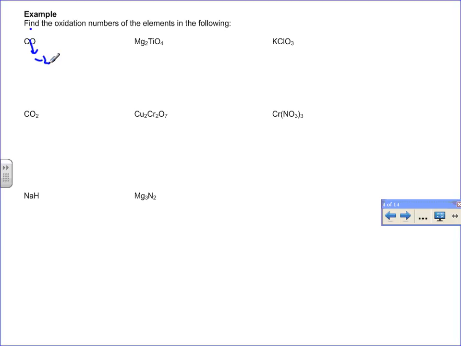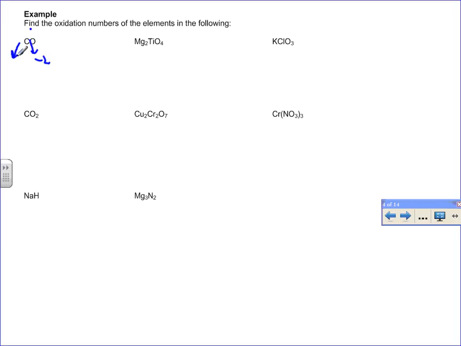Now, for the carbon, okay, what you'll find if you look at the chart on page 3, you can see that carbon actually has more than one possible oxidation state. Okay, much like iron can be +2 or +3, carbon also has more than one oxidation state. So there's not a rule that we're going to use specific to carbon.